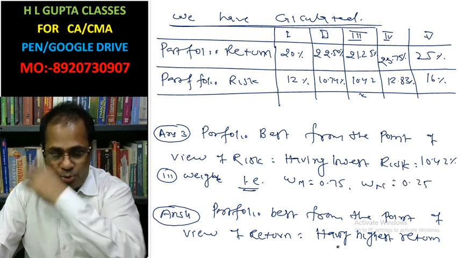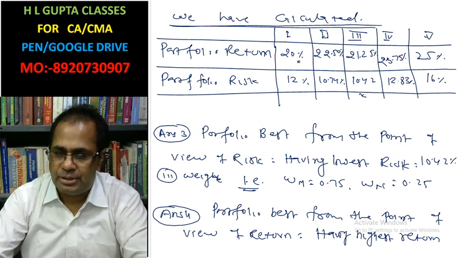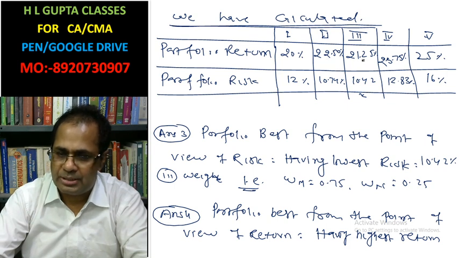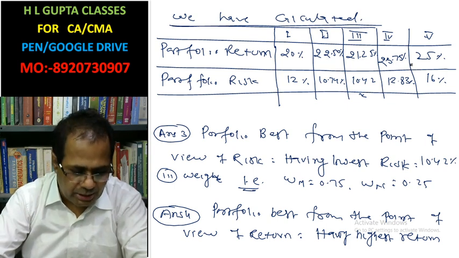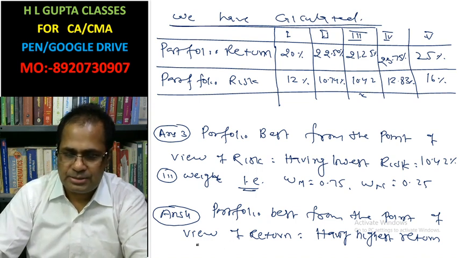In the case of portfolio return, highest return, please see the returns in this case: 20, 22.50, 21.25, 23.75, this is 25, that is the highest return, 25%.